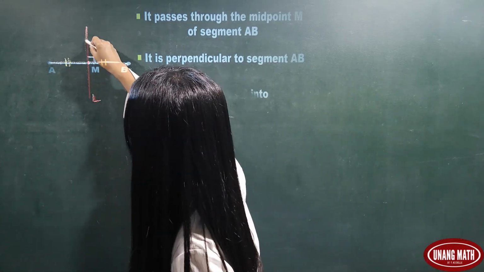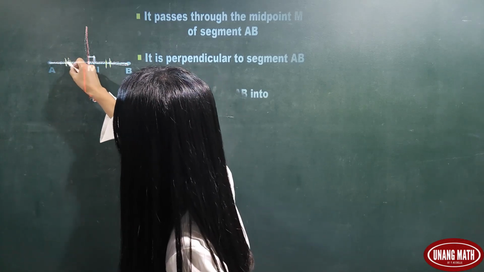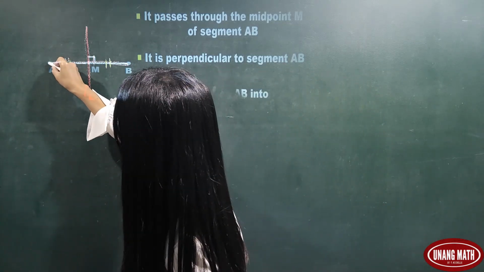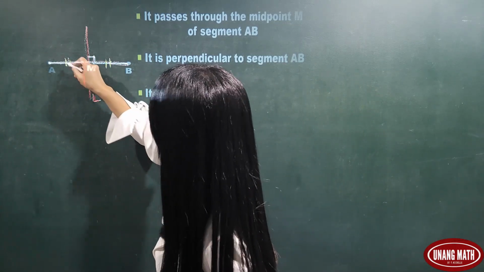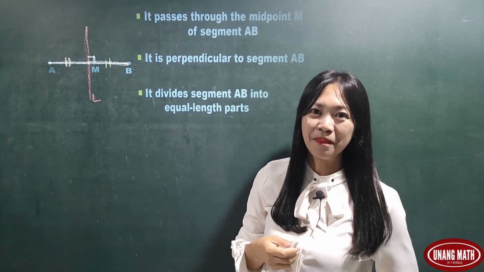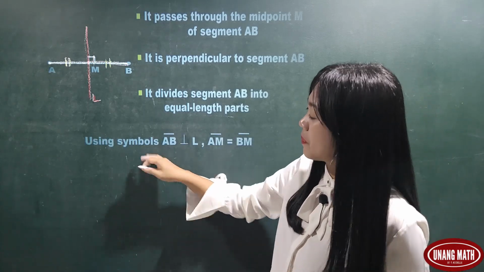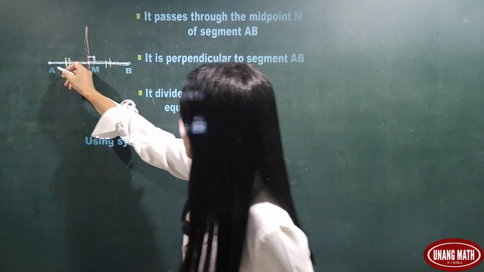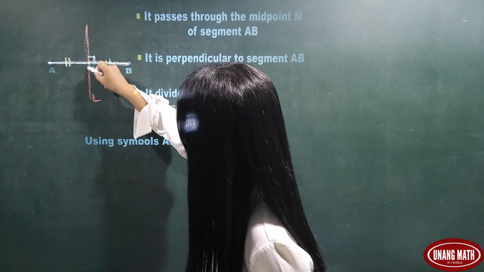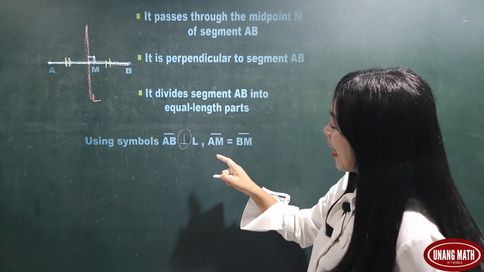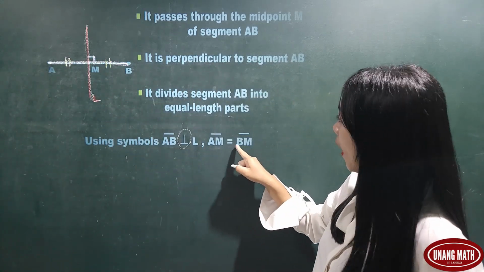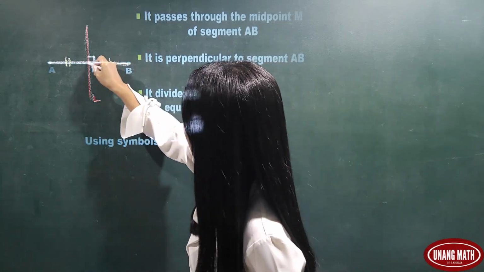So this segment AM is equal to segment MB or segment BM. So if we will write using symbols, segment AB is perpendicular to this line L, and segment AM is equal to segment BM.